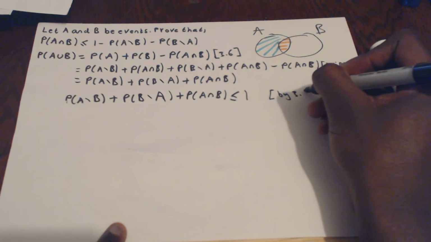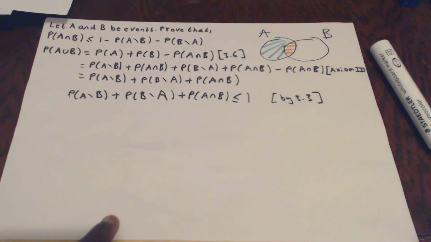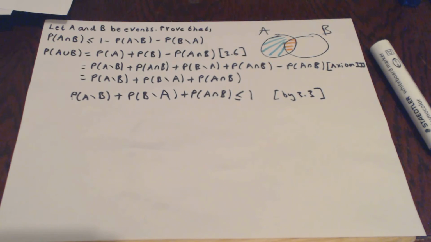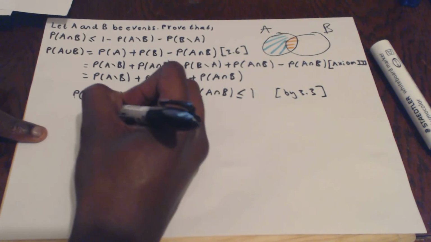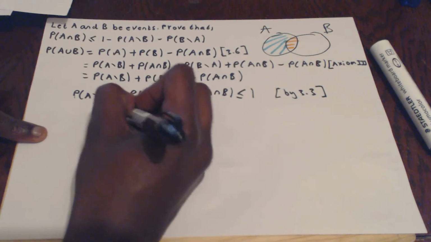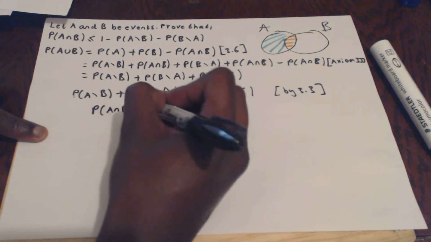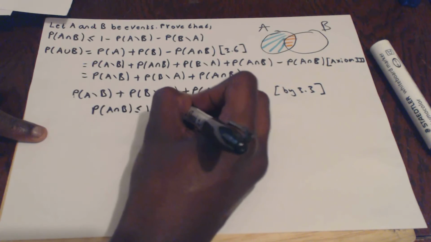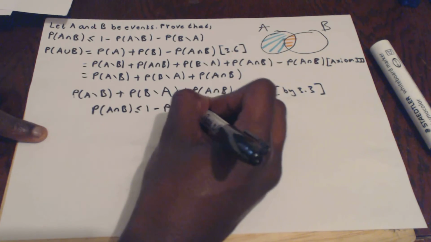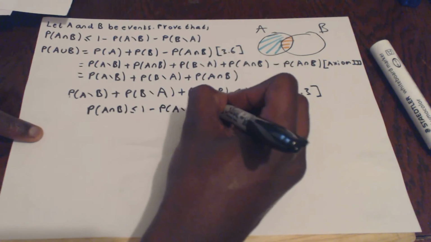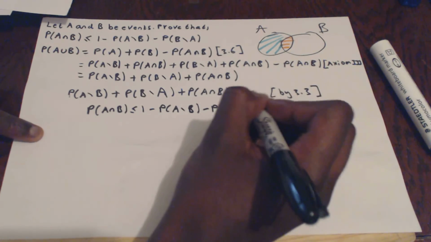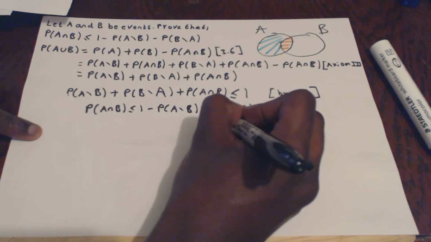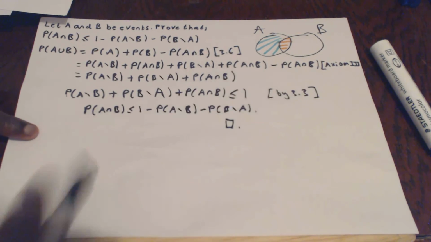And so just taking it over to the other side and making the probability of A intersection B the subject, you have that the probability of A intersection B is less than or equal to 1 minus the probability of A set difference B minus the probability of B set difference A. And it's proven, and we write this little square box that I've never understood why.